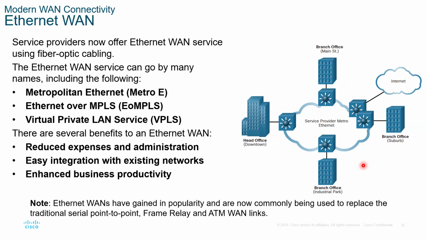But there were improvements which were made. Instead of using copper, we have other standards of the Ethernet which use fiber. I cannot remember those standards from the top of my head, but we have them.